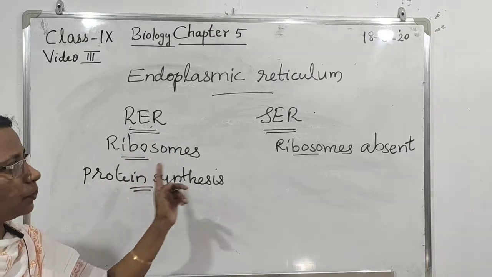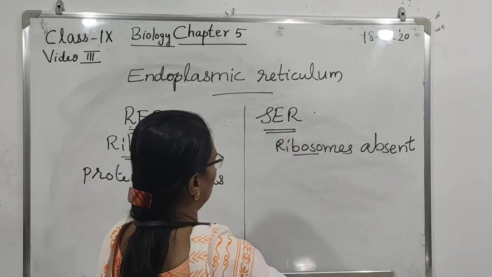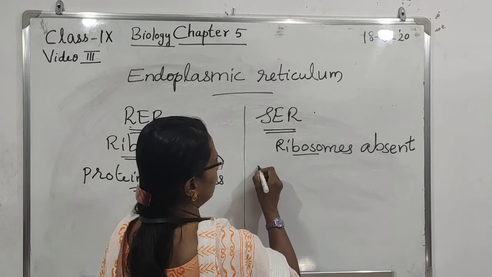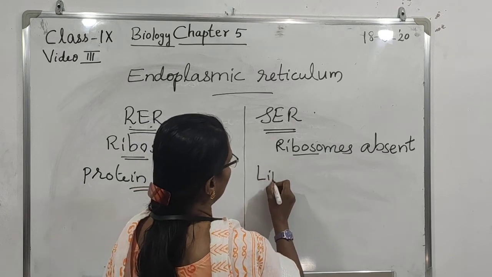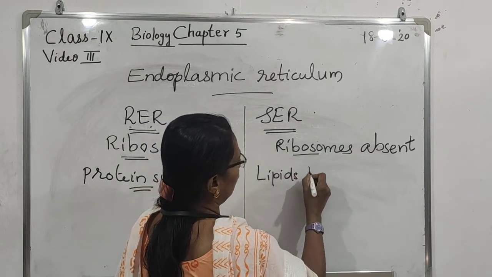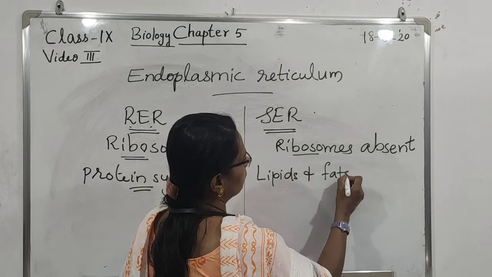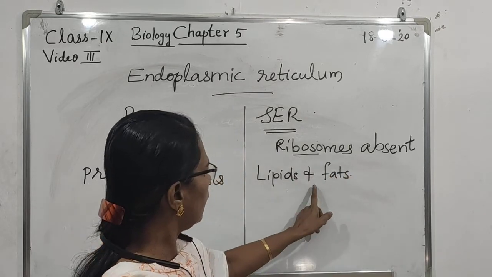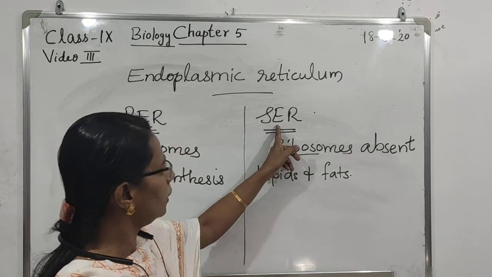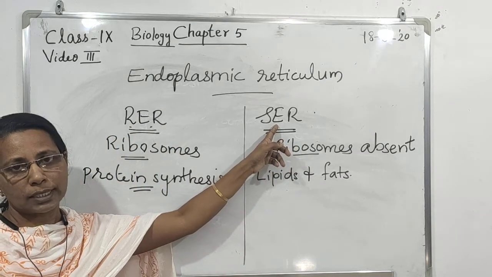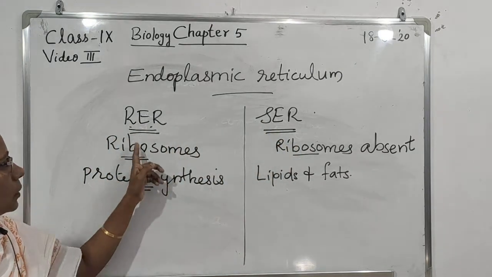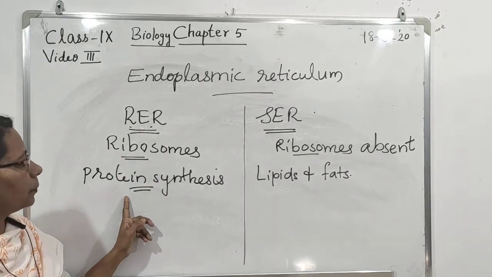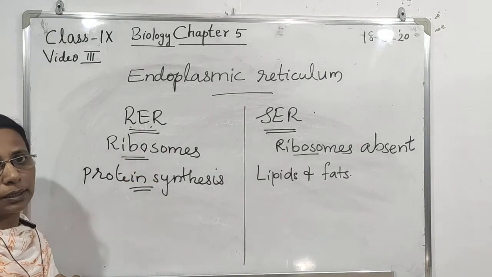In the smooth endoplasmic reticulum, there is production or synthesis of lipids and fats. Lipids and fats are synthesized by smooth endoplasmic reticulum. The main function of rough endoplasmic reticulum is protein synthesis.